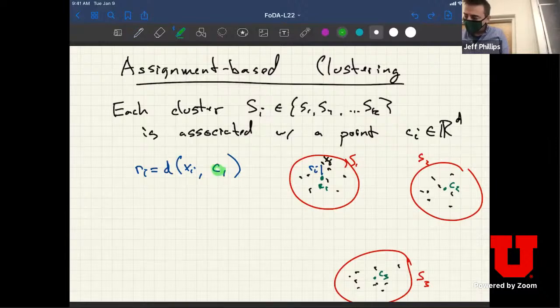And these are linked somehow. So it's mapped to its assigned center. Every point is assigned to one of the centers, and that tells you which cluster it is. They have the same index. So if there are 3 clusters, there are 3 centers and 3 subsets, depending on which one it's assigned to.